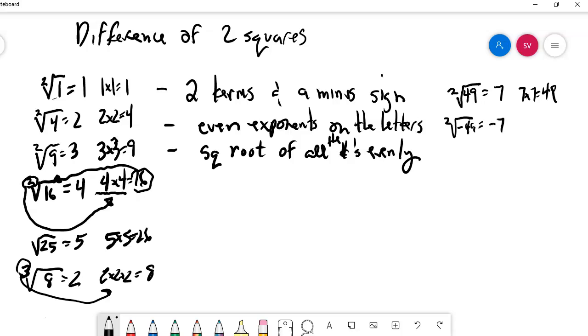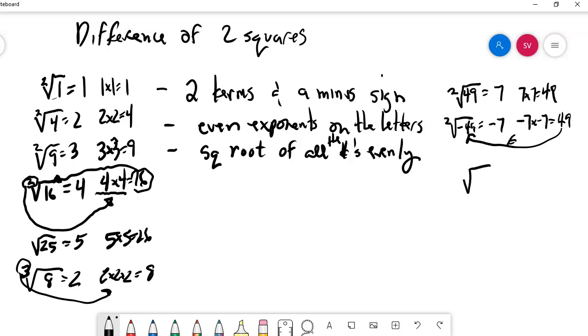We would think it would be minus 7. However, if we take our answer and carbon copy it twice, a minus times a minus becomes a positive. Positive 49 and minus 49 are not equal. So therefore, this doesn't work. You cannot have a minus sign in an even number root. That's where we have to deal with imaginary numbers.